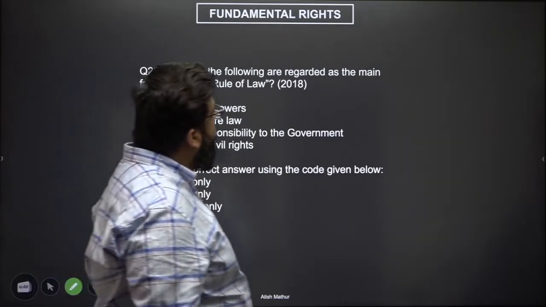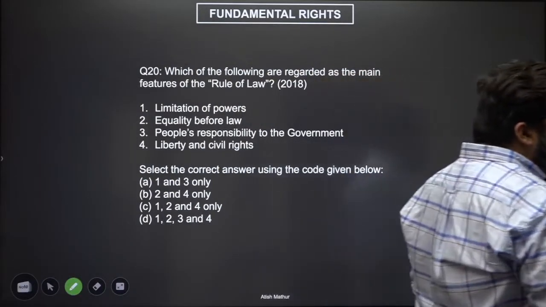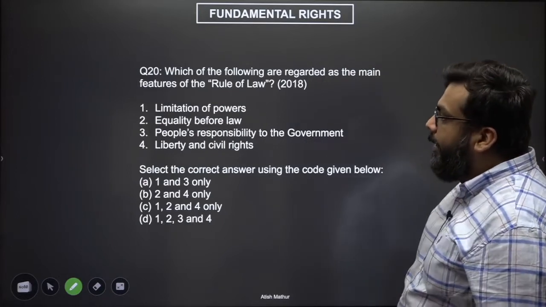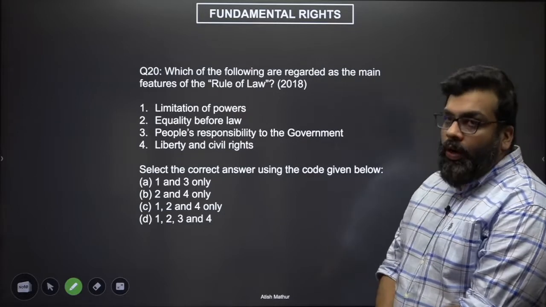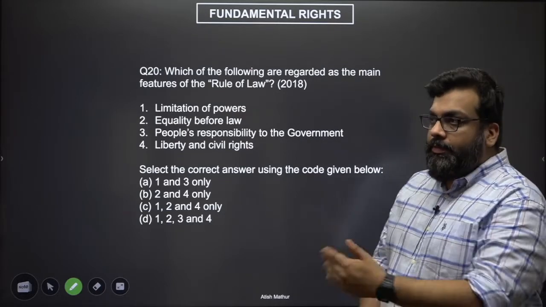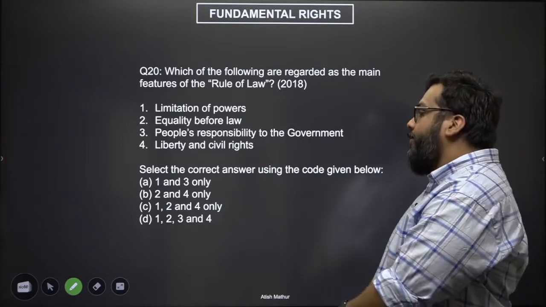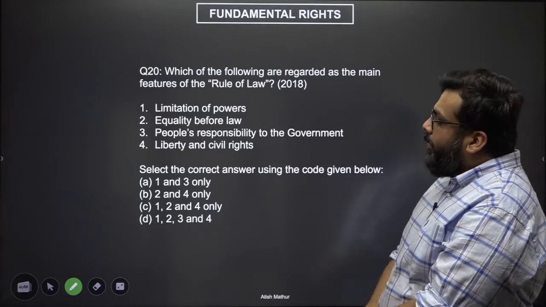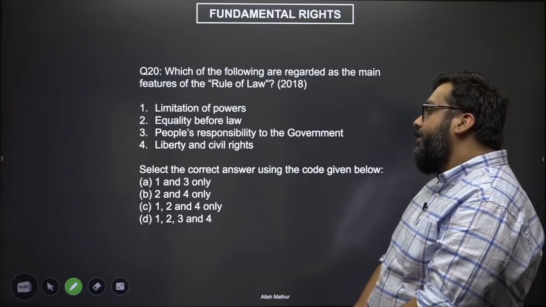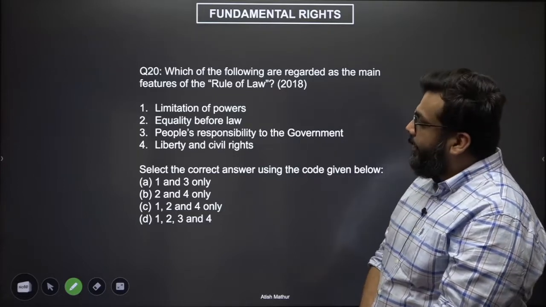Okay. Which of the following are regarded as the main features of rule of law? We'll apply the devil's advocate theory, the contradiction approach. Limitation of powers, equality before law, people's responsibility to the government, liberty and civil rights.